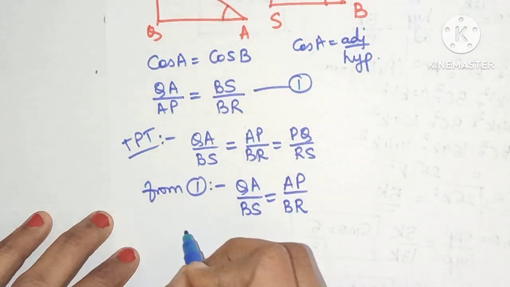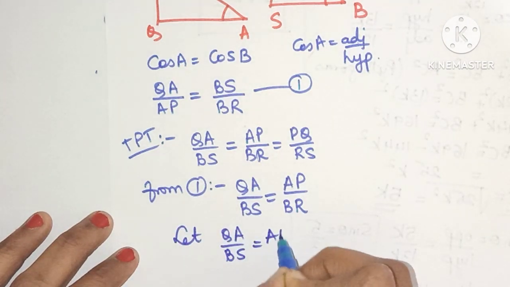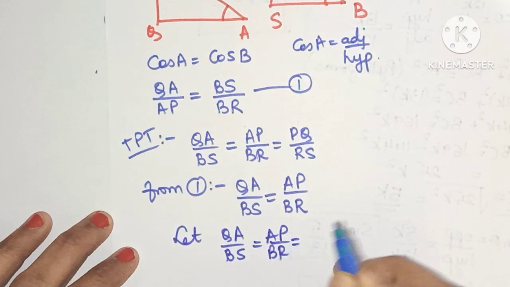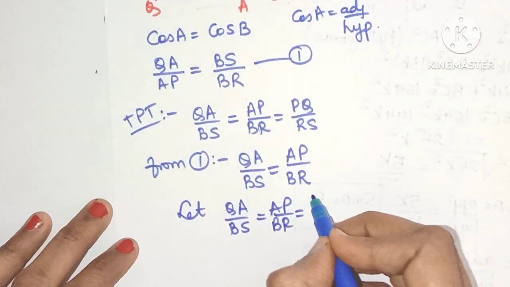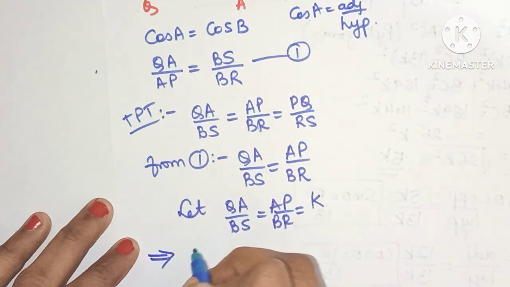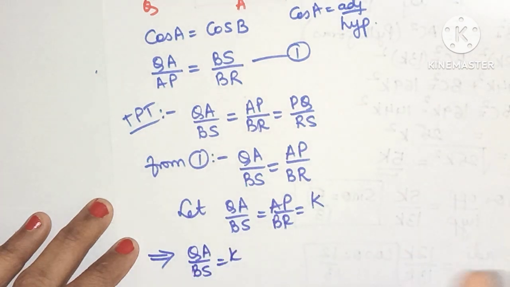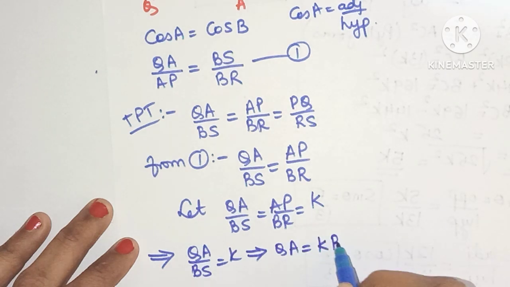So what we say is, let QA by BS equal AP by BR equal to any constant, friends. You can take it as K or P or R, anything. So equal to a constant K. Okay. So what we can say is QA by BS is equal to K, which means QA is equal to K times BS.